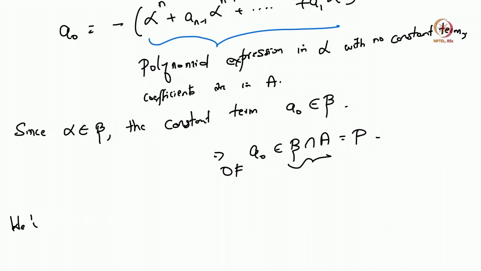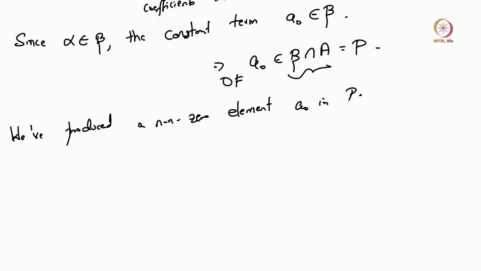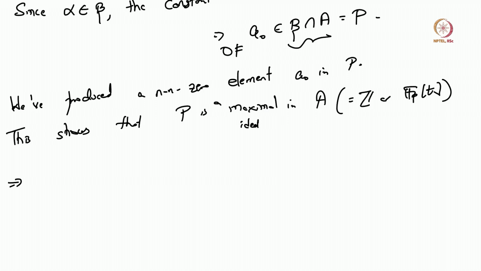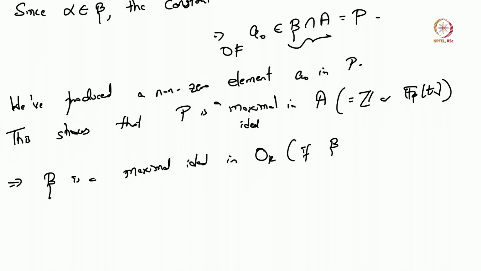So we produced a non-zero element a naught in P. So this shows that P is maximal in A. So it's a maximal ideal in A. So A could either be Z or Fp brackets T. And so this shows that beta is a maximal ideal in OK, if beta is a non-zero prime ideal of OK.